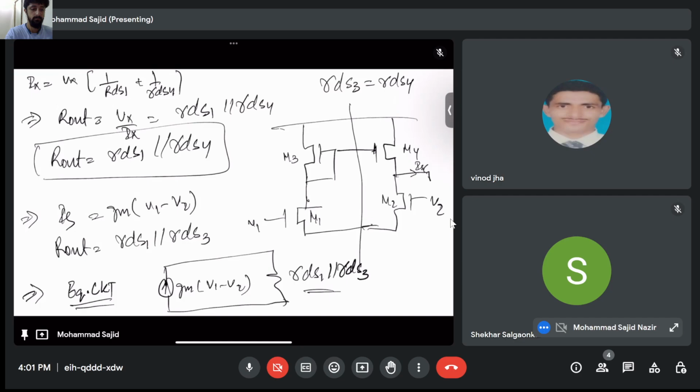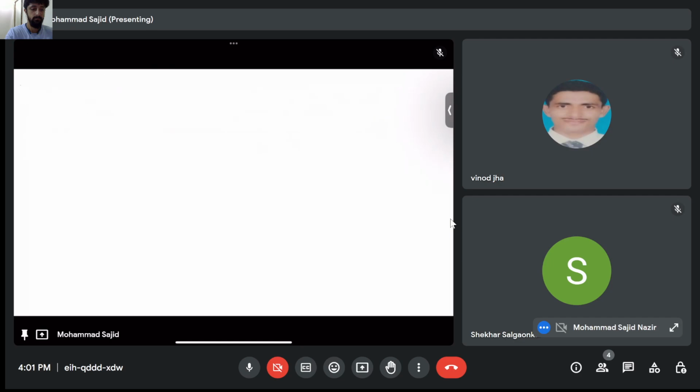Yes. Okay. So now coming to the circuit analysis, there are two types of gain. Till now we have seen only the differential gain. One is differential gain, and another is common mode gain.